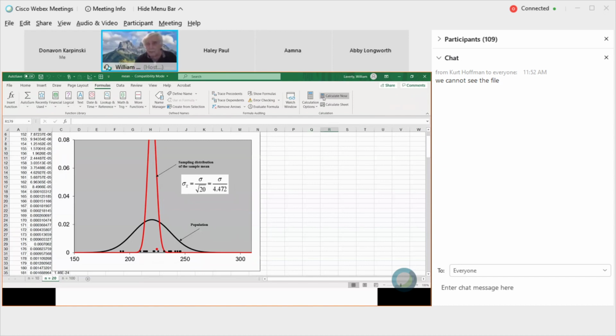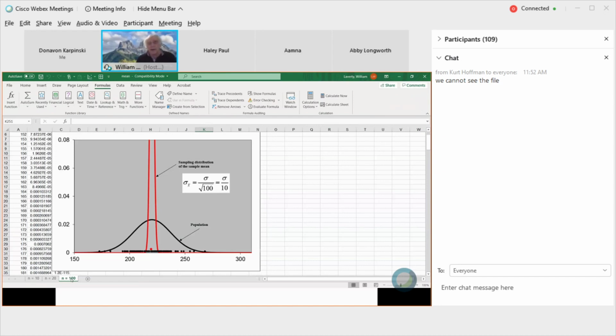Again, I press recalculate. We recalculate observations that come from that distribution, and the sample mean is the average. If I change this to n equal to 100, the standard deviation for x bar becomes sigma over square root 100.